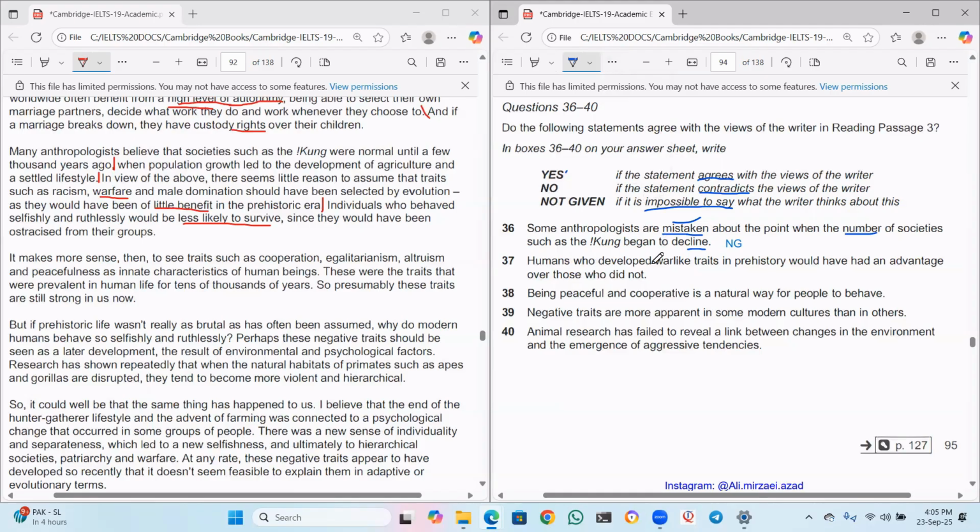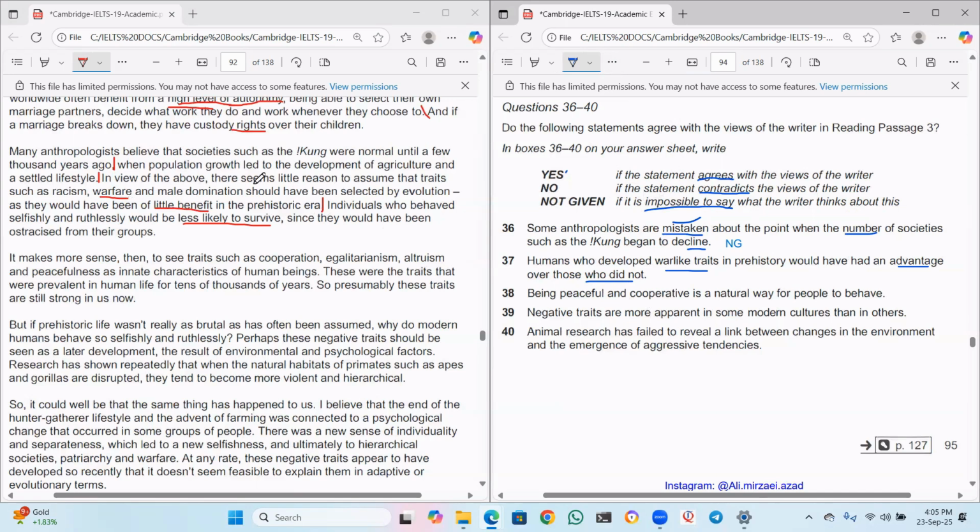Humans who developed warlike traits in prehistoric times would have had an advantage over those who did not. Okay. Warlike traits mean negative characteristics, selfishness, this kind of thing. See, here he said warfare. Let us read this sentence and I'll explain it to you.